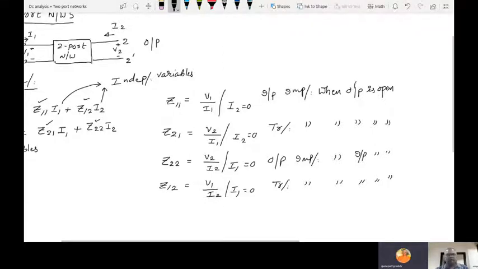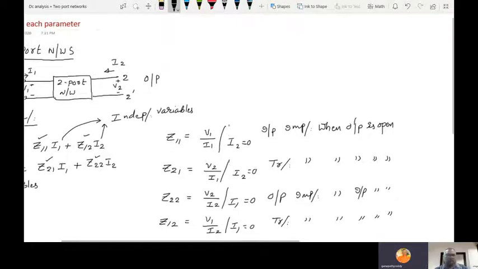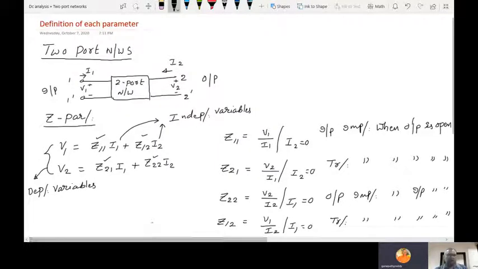So we are finding all these things either by opening input port or output port. Therefore, another name is open circuit parameters. We are finding either opening input port or output port.